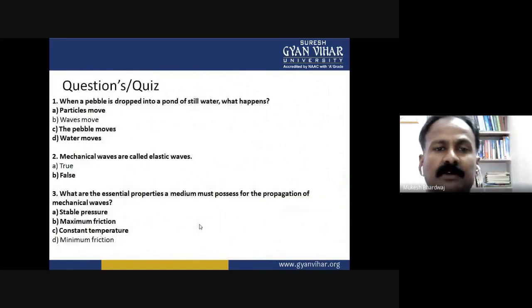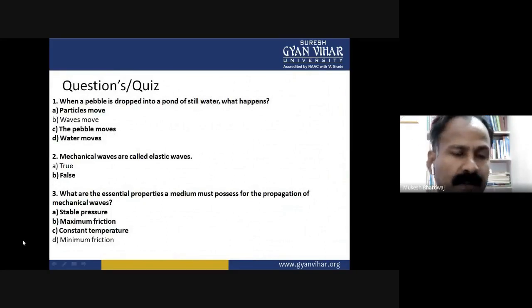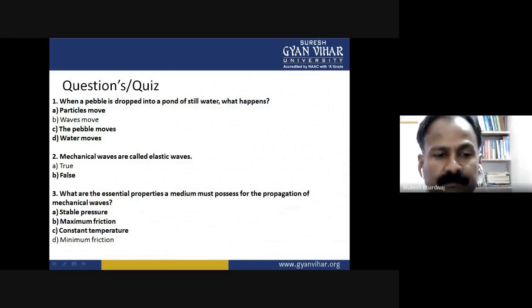When a pebble is dropped into a pond of still water, what happens? A particle moves, a wave moves, the pebble moves, or the water moves? The perfect answer is: a wave moves.